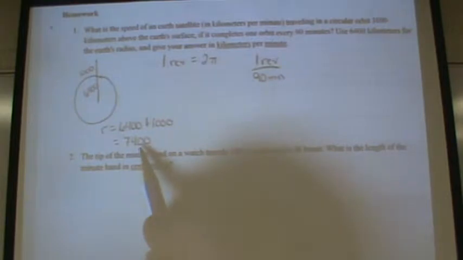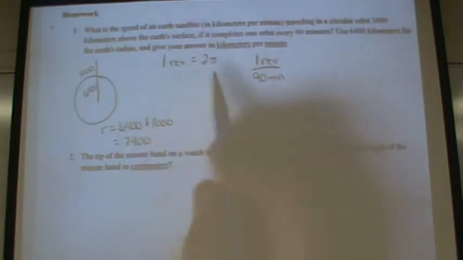So we have 1 revolution every 90 minutes. So we have our R, and we're doing 1 revolution, so we have our theta. So we need to find our L. So L equals R theta.